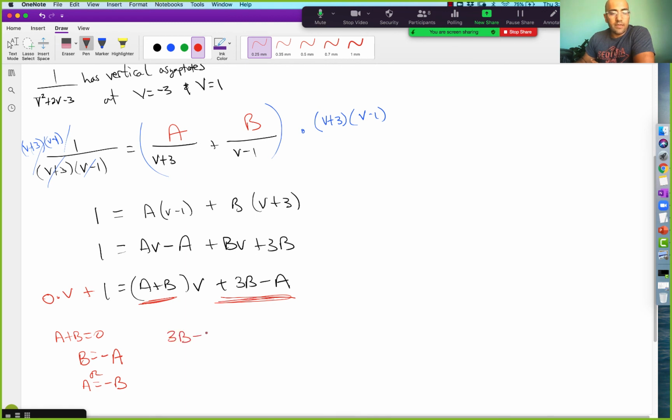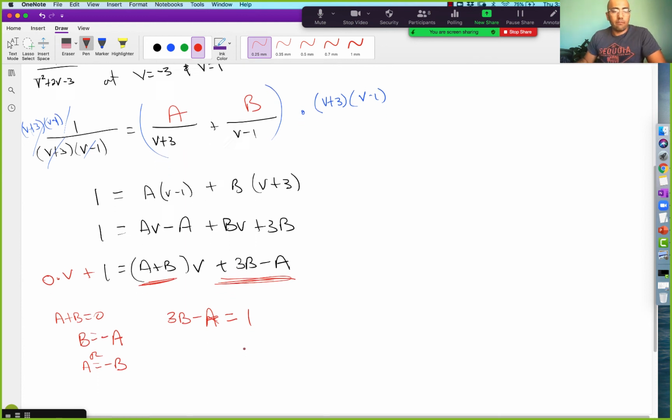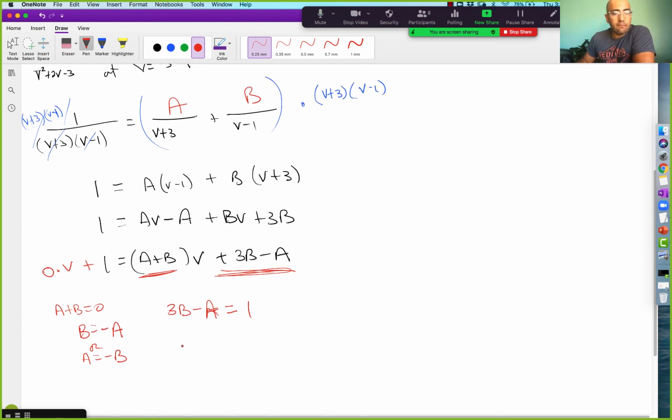So 3B minus A must be 1. Good. But we also got that A is negative B, so we get 3B minus negative B must be 1. So that must mean that 4B equals 1, and so B must be equal to 1/4.